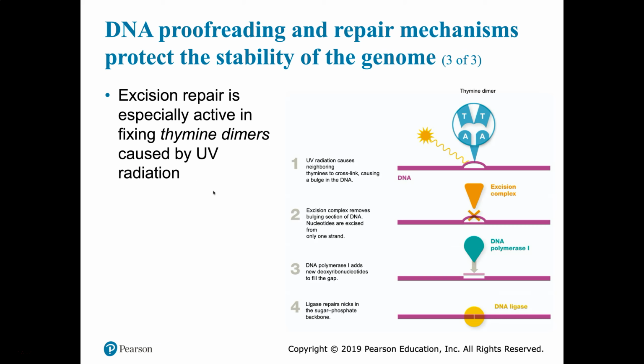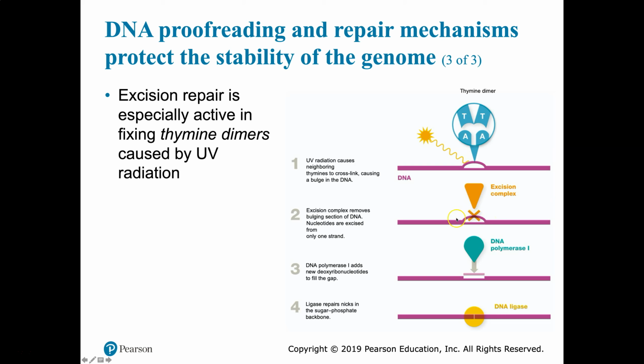Here's an image showing excision repair. You have what we call a thymine dimer. If you have several thymines in a row, they cross-link, meaning they'll attach to the one next to it, creating a little bit of a bubble. And when polymerase goes to read this, it actually can't go over the bubble.